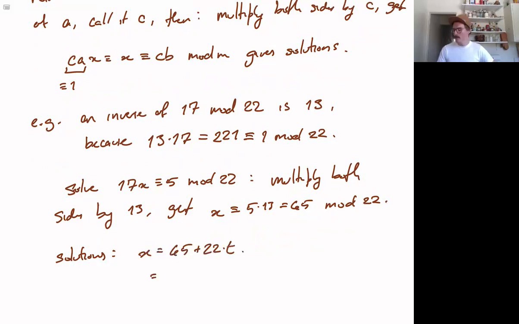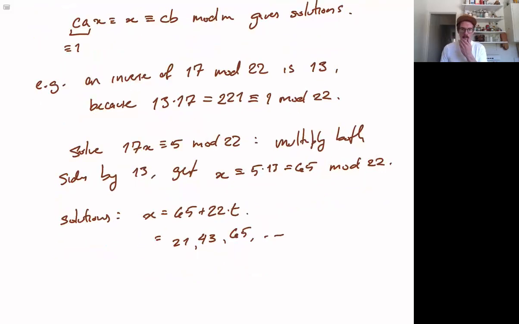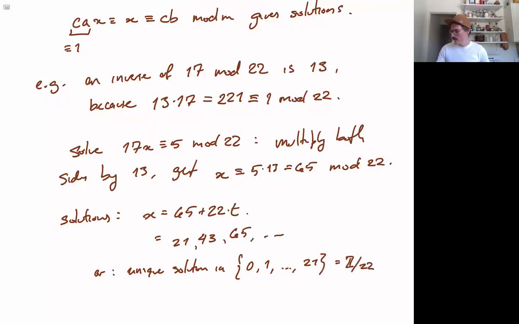So what is this? 65, but you could also have 43 or 21, and you could also go up, etc. And maybe it's worth pointing out again, if we want to think about these things in this sort of specific set that we often think of, which we call Z mod M, Z mod 22, then we will always have a unique solution.